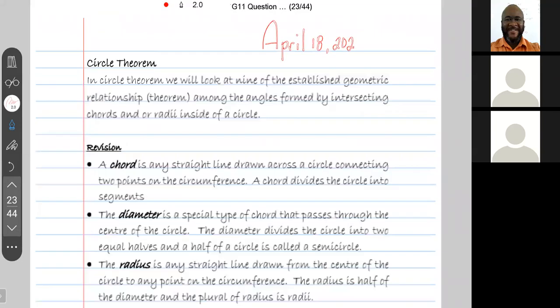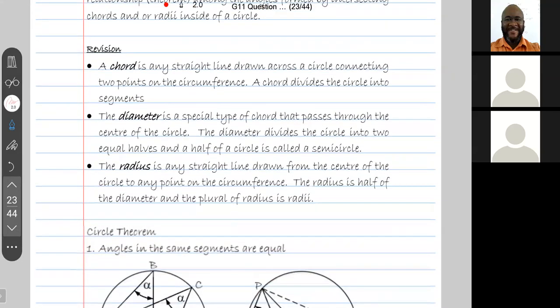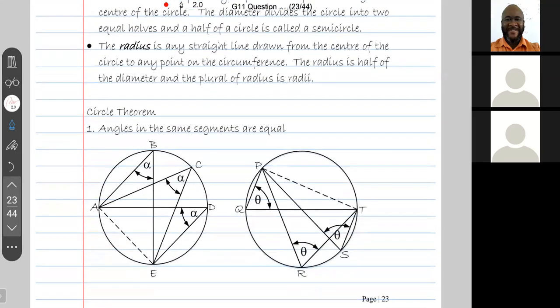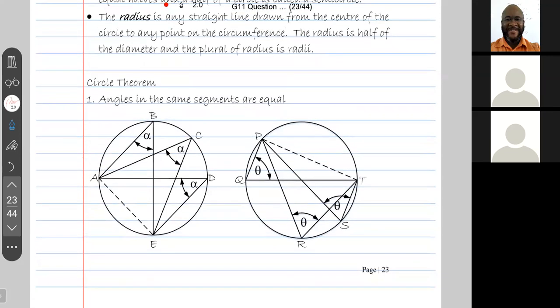And the third one, before we look at a question, which is the first one we looked at: angles in the same segment. They start at the same point on the circumference and end at the same point on the circumference. The angles at B, C, and D are equal and they are called angles in the same segment.